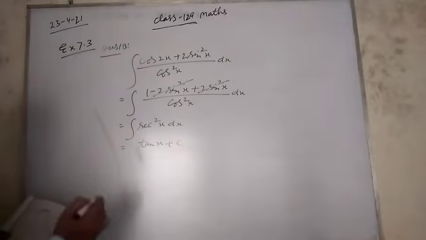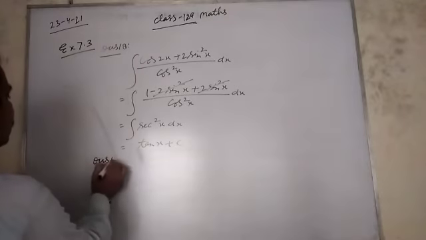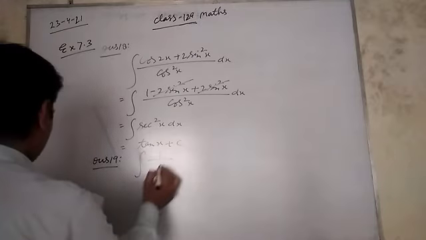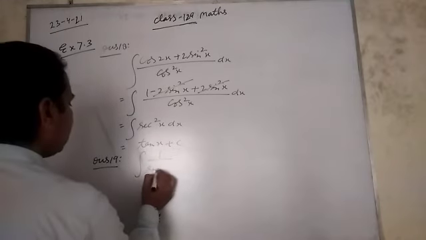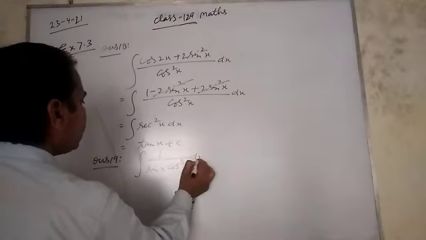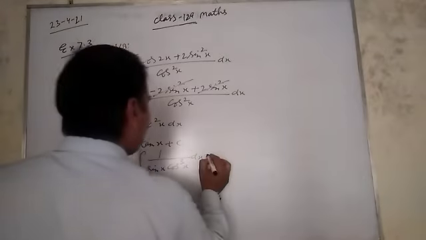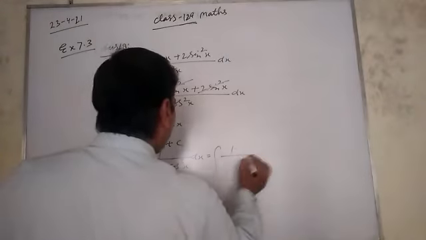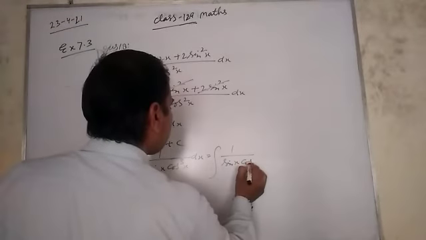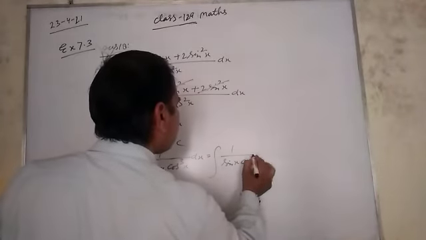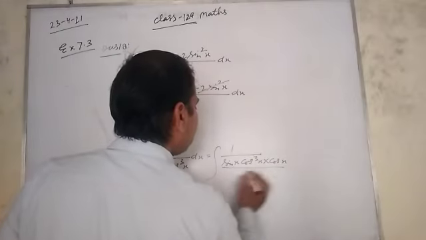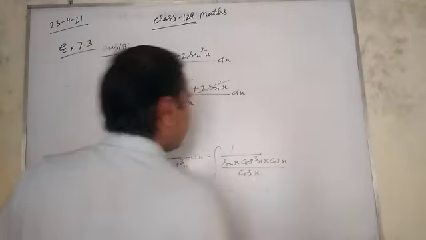Question number 19: 1 upon sin x cos cube x dx. So in sin x cos cube x, multiply and divide by cos x in the denominator.